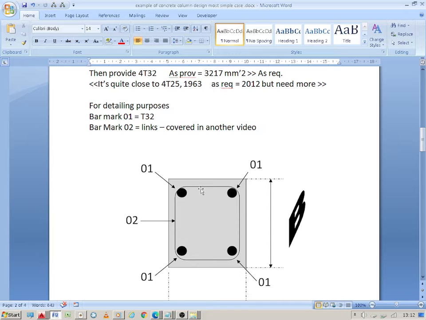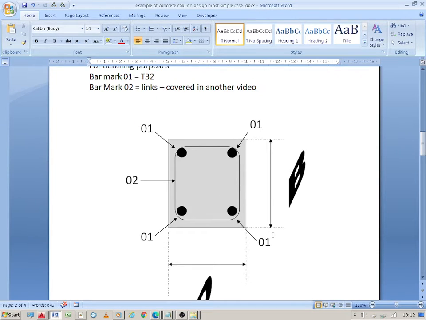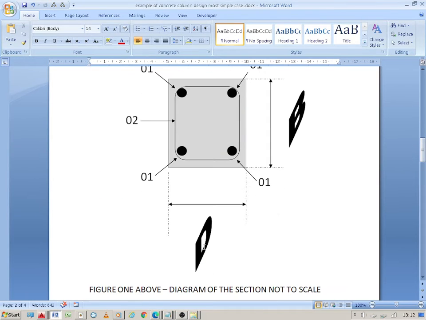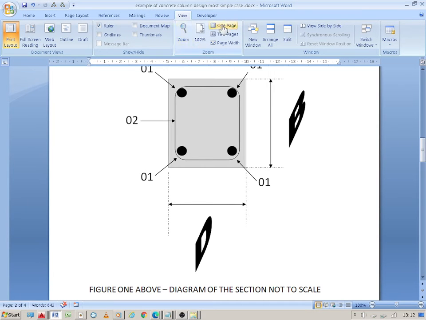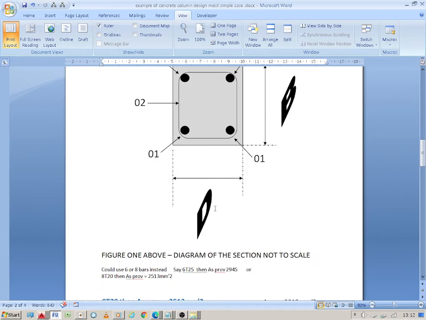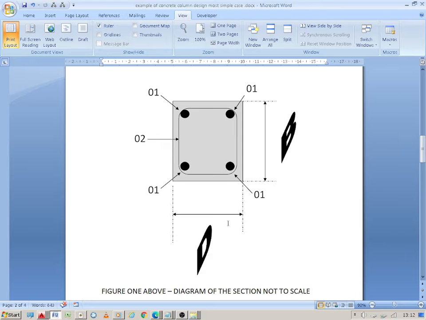The cover would be determined by site conditions, links covered in another video, and concrete grade is, what was it, 30. So that's B over D. Just zoom out a little bit. D over B.